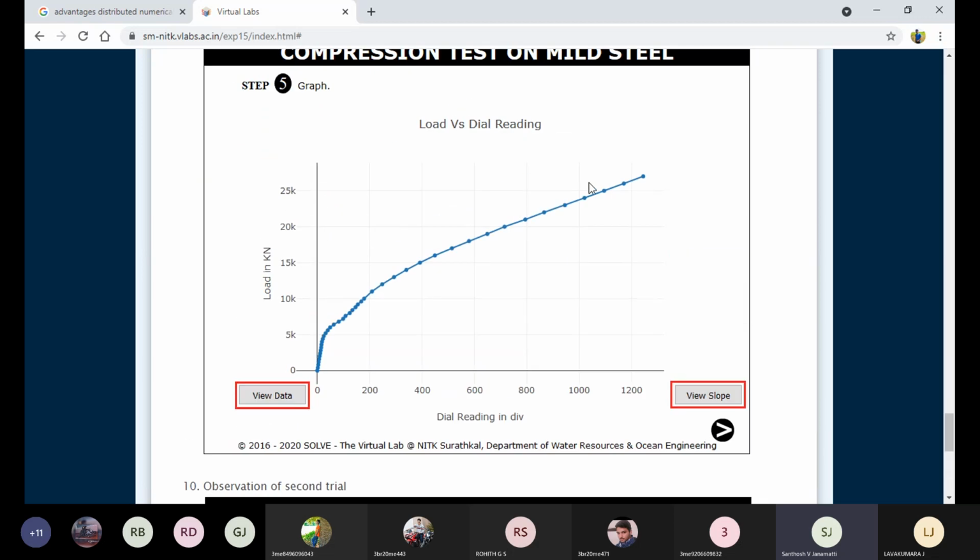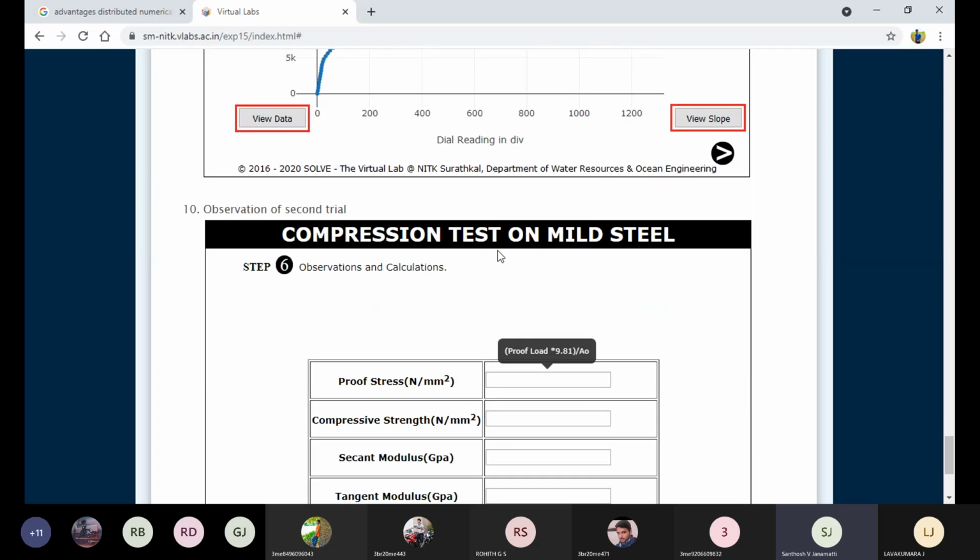But here the case is there is no yield point. There is no upper yield and lower yield, only the fracture point. We can see this is a straight line, where stress is directly proportional to strain, up to here. Thereafter it will be a curve. I will explain this later.